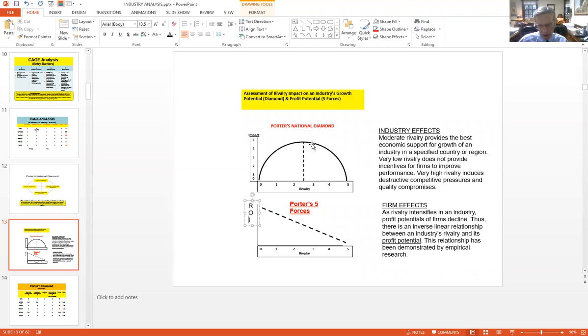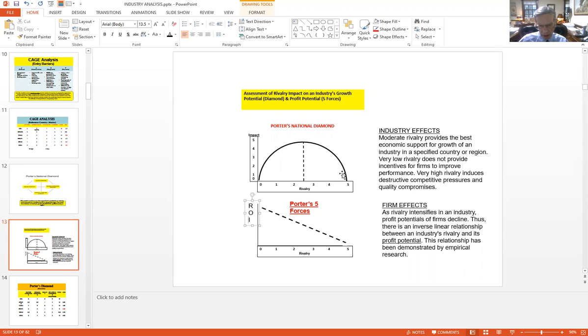After which, if rivalry continues to increase, it becomes more difficult to work on quality or service or long-range planning because you're constantly in a pitched battle where decisions are momentary rather than long-term.